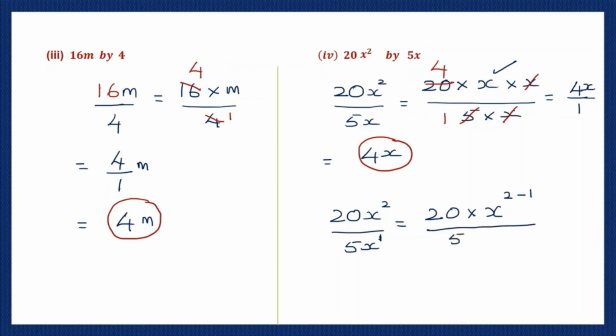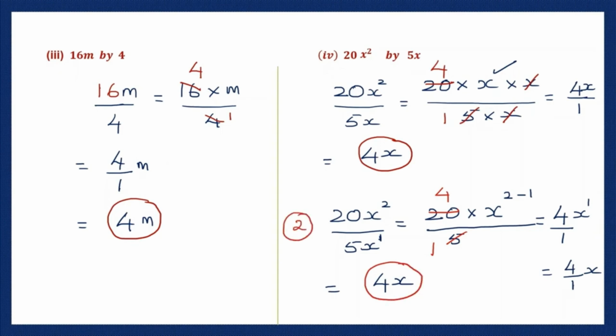So now I can cancel 5 and 20. 5 ones are 5. 5 fours are 20. And here, what will I get? I will get 4 by 1. Now x to the power of 2 minus 1, 2 minus 1 is 1, x to the power of 1, which is 4 by 1x. So my final answer is 4x. So both ways I get the answer as 4x. The second method that I have used here is the exponent method.